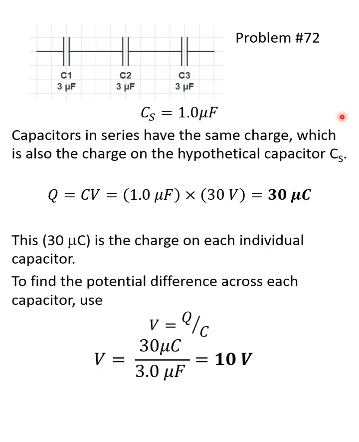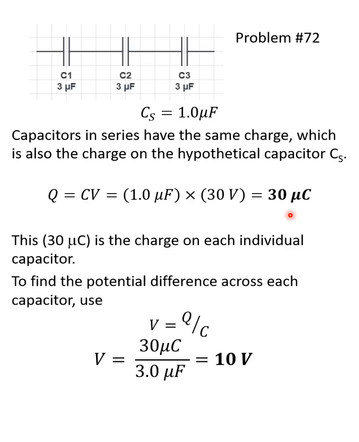So let's imagine for a minute that there are not 3 capacitors here in series, but just 1 capacitor that has a capacitance of 1 microfarad, because that's what we got in problem number 71. So with our imagined 1 microfarad capacitor, the charge on it is its capacitance times the voltage, 30 microcoulombs.